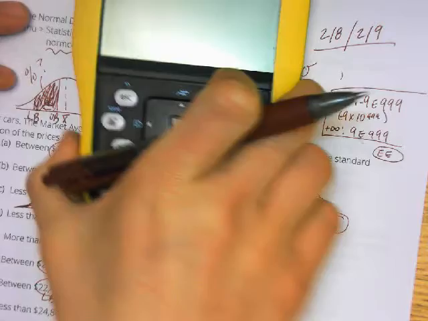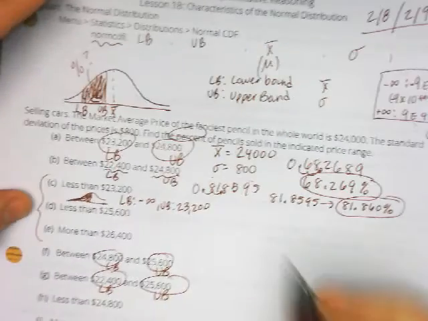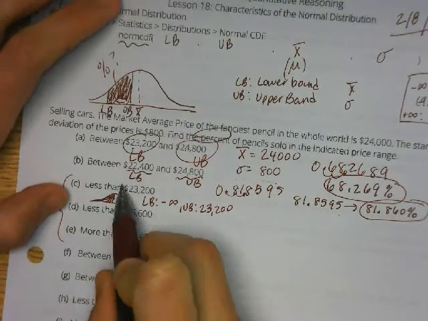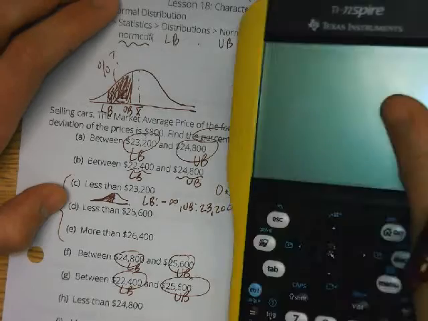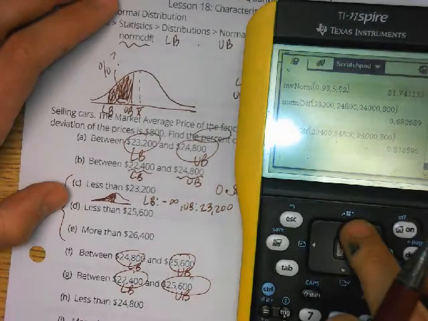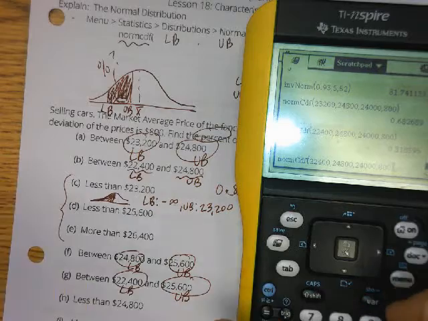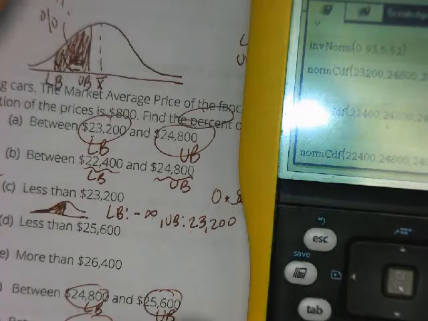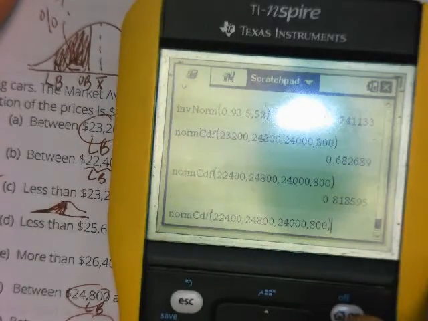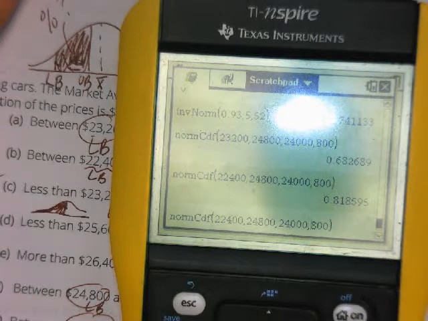Okay, so let's practice. On part C, less than 23,200. You could cycle through and do it through the menu. That's totally fine. But whenever you plug it in and push enter, this is what it'll look like.